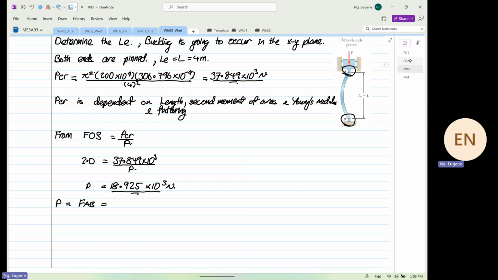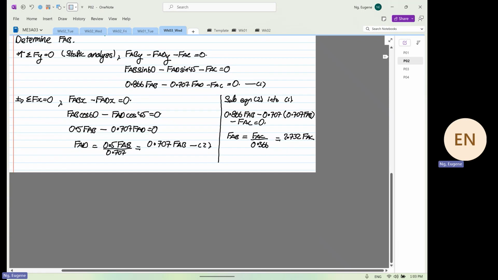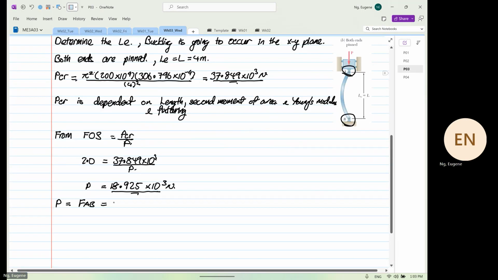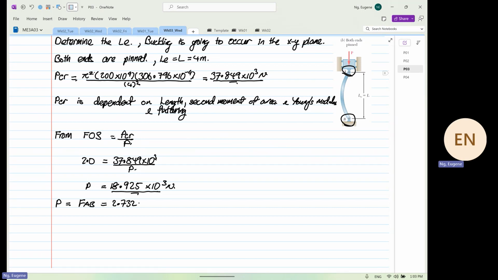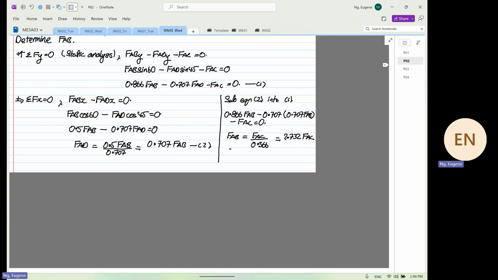So FAB is equal to 2.732 FAC. Where do we get this relationship? We get this relationship from here. Can you all see that? We have calculated that out.